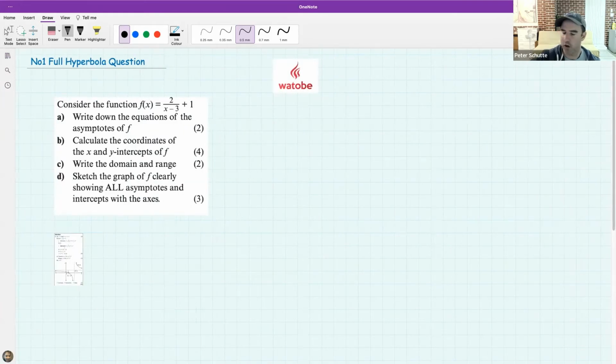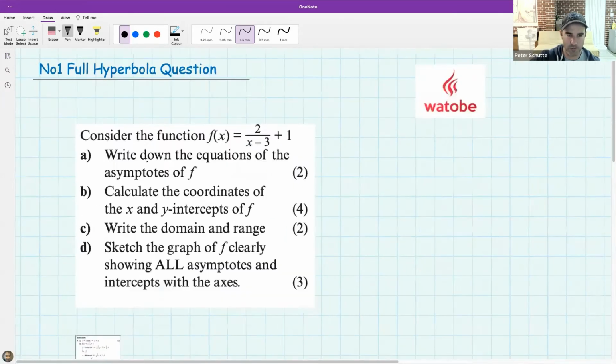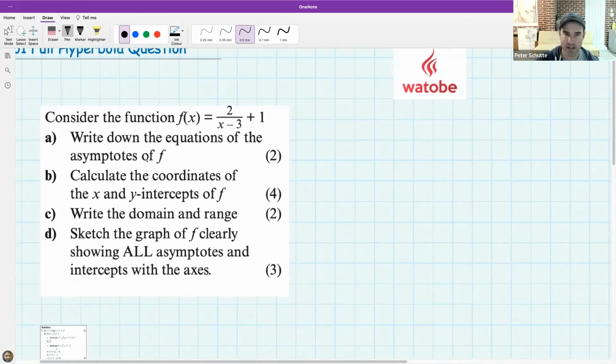Okay, so what you're going to do for me now is we're going to do an exam type question on hyperbolas. Now, we haven't spoken too much about the domain and range, but we're going to talk about that once we've done this.